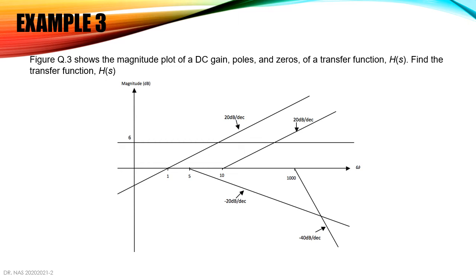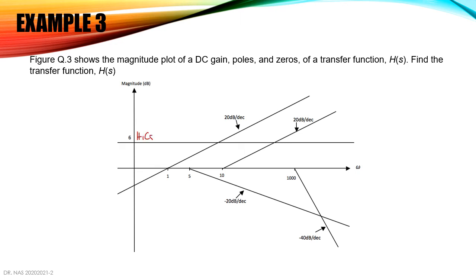Okay, example 3. Figure Q3 shows the magnitude plot of the poles and zeros of a transfer function H(s). Find the transfer function H(s). Okay, so in order to do this, you need to deduce the equation for each of the individual components. As usual, to start with, we consider the constant.